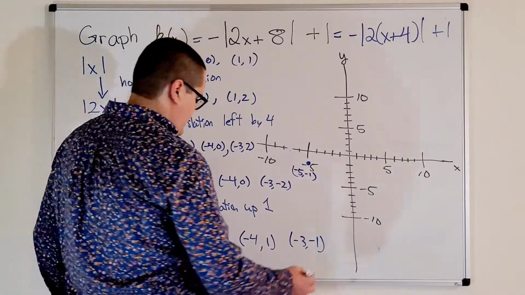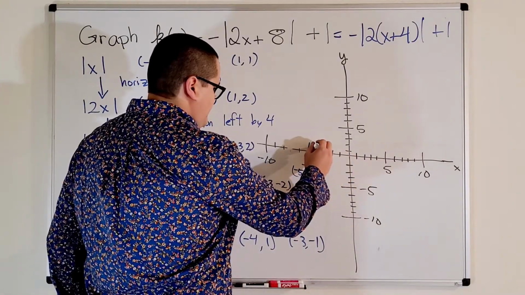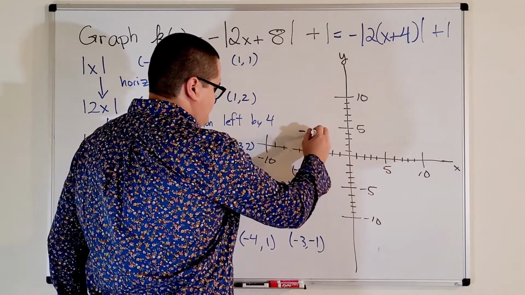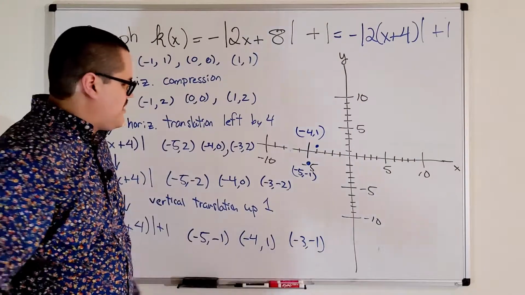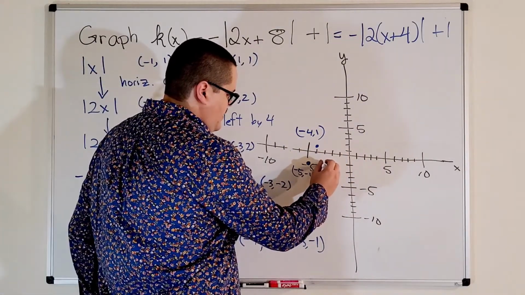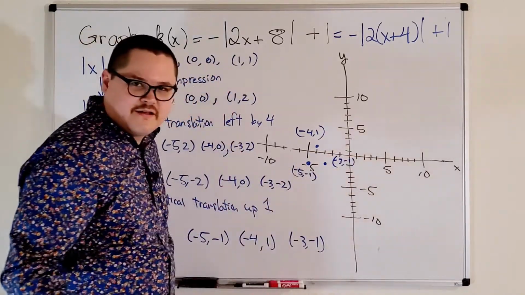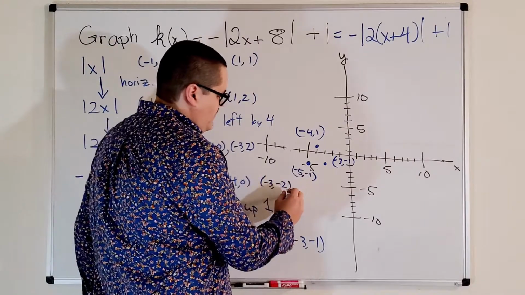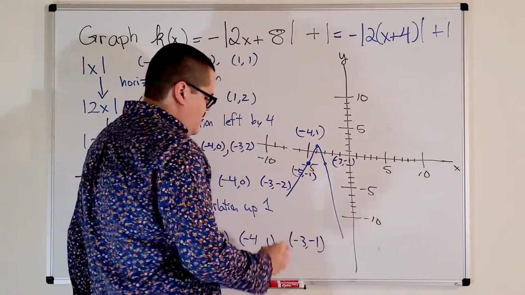So that's at (-4, 1). And our third point is (-3, -1). So left 3, down 1. We can connect the dots and we get a V shape.